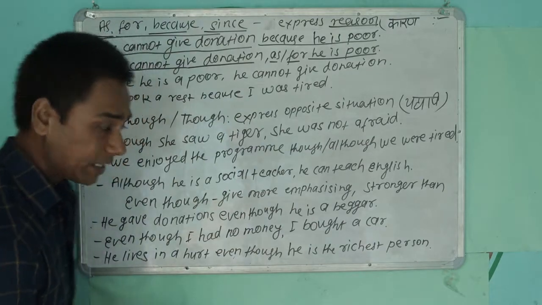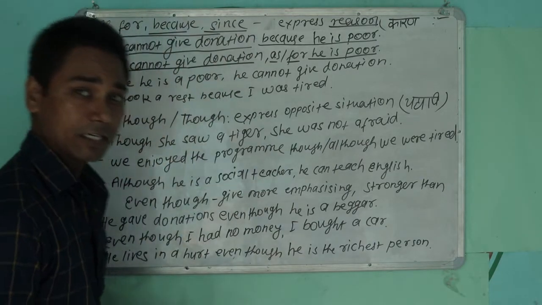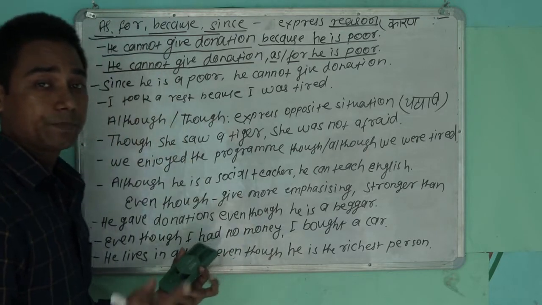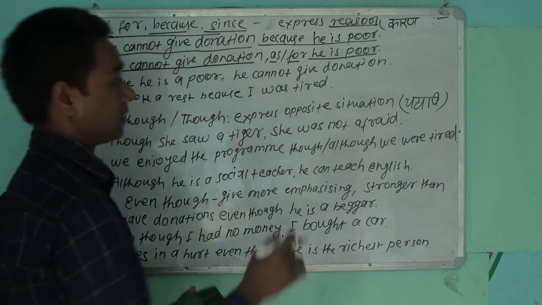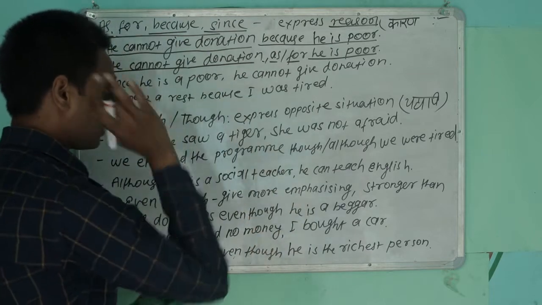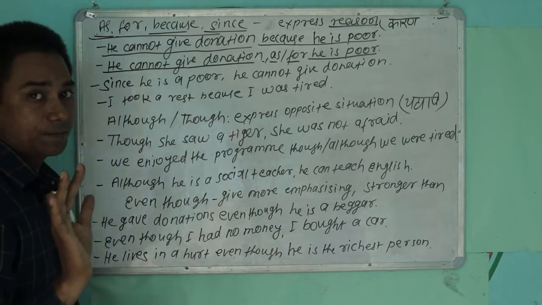Let me tell you one thing. These all conjunctions have same meaning, but using place is different. It means as for can be used in the middle of the sentence, or they can be used at the beginning of the sentence.